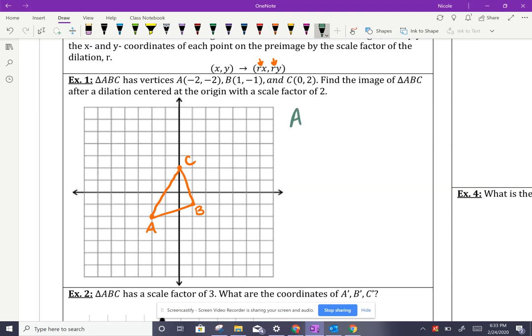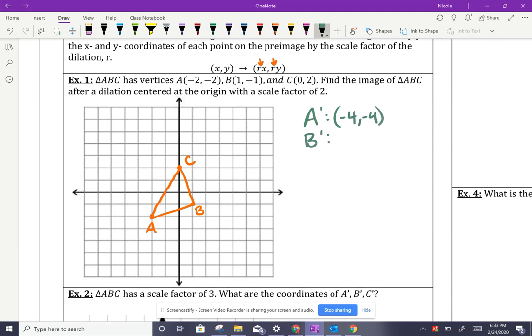So that means I'm going to take A prime, and that's going to be -2 times 2. Oh, I don't even need to do that, do I, guys? Y'all can multiply by 2. So A prime, -2 times 2 is -4, -4.